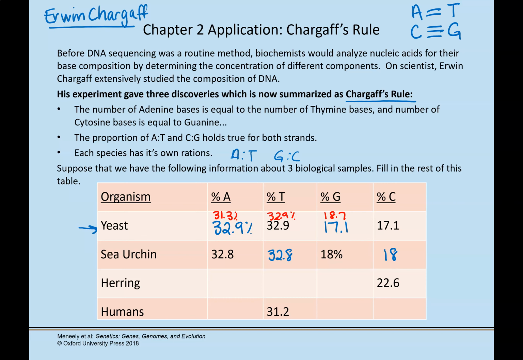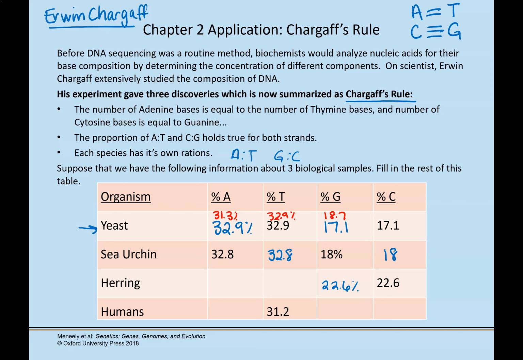My numbers here aren't going to add up exactly to 100 because I've rounded and estimated and whatnot. But we can still use this information to determine what's going on in other organisms. So if we look at herring, which is a fish, and 22.6% of our genome is cytosine, that means that 22.6% is going to be guanine.